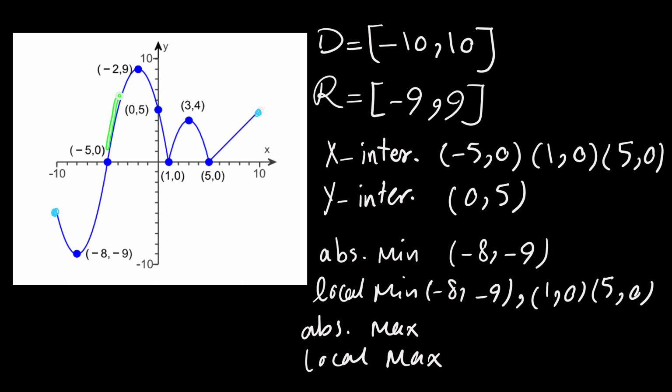The function is increasing, then decreasing. So both 3 and 4, -2 and 9, are local maximum. And the greatest y value, which is +9, point -29, is the absolute maximum for this function.